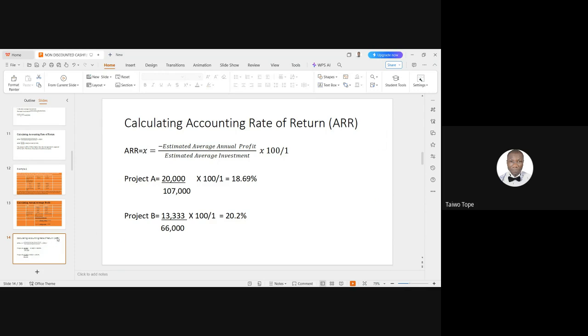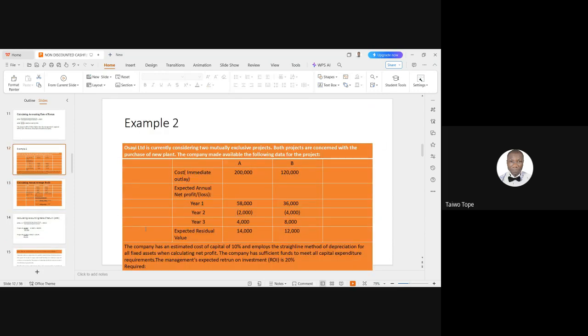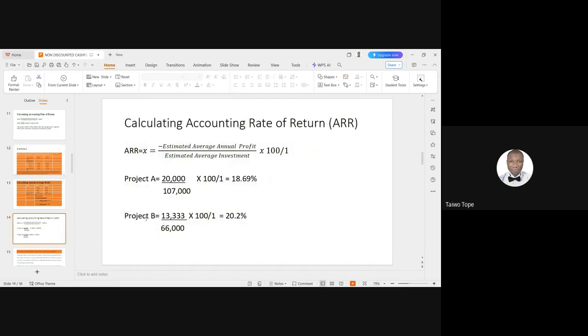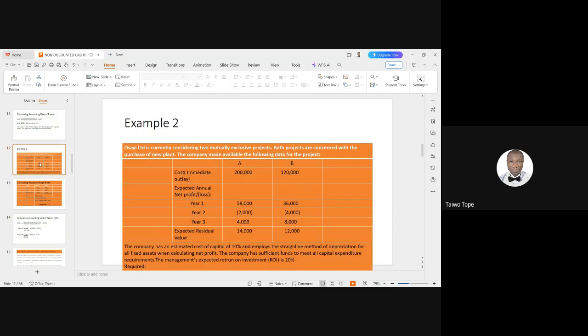What will be your decision regarding this? The set target is what? The set target is 20%. So which of the projects is giving us a higher value? Let's see that the management expected return on investment is 20%.